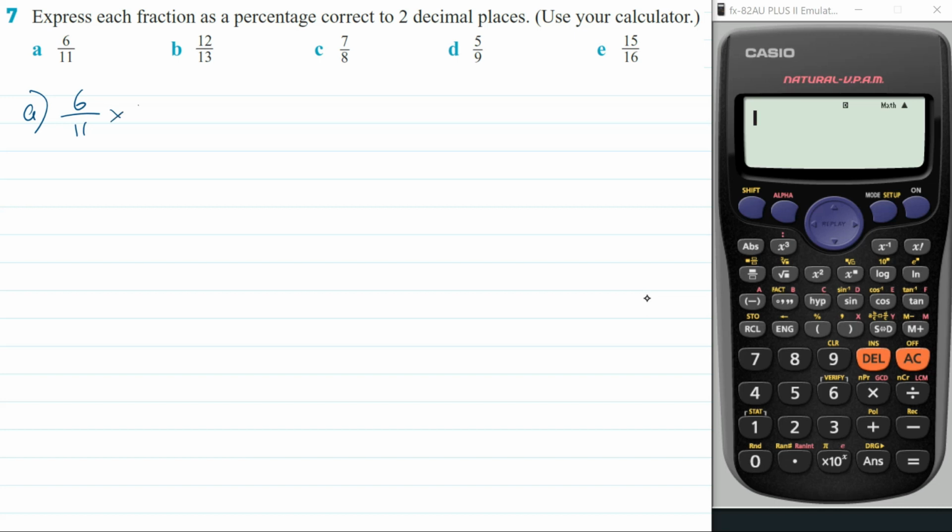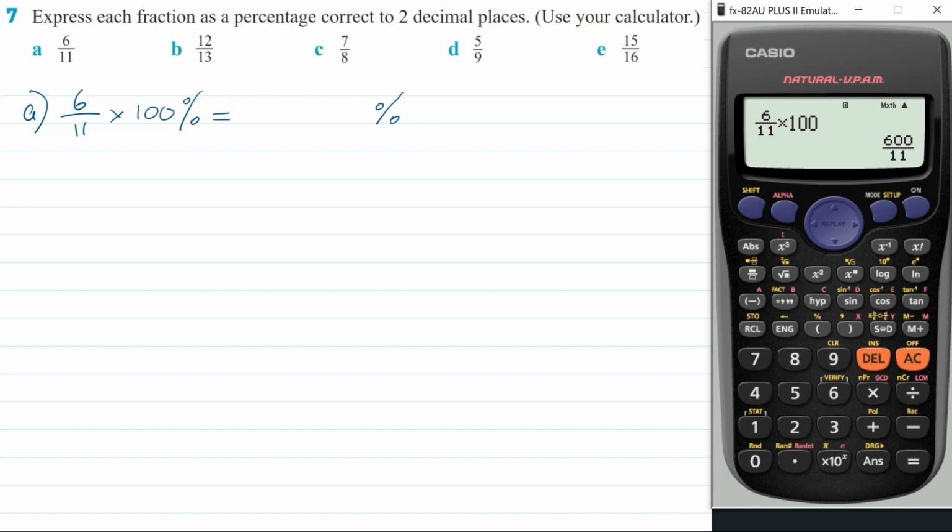I'm going to multiply that fraction by 100%. And then I'm going to leave the percentage symbol on the side and calculate the number. Go to your calculator and input the fraction 6/11 times 100.